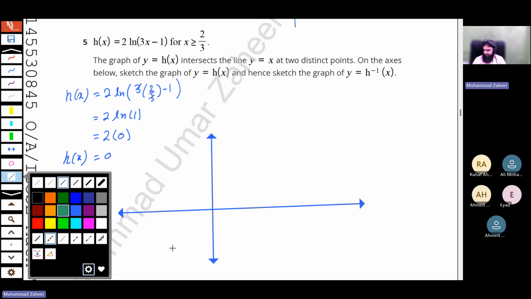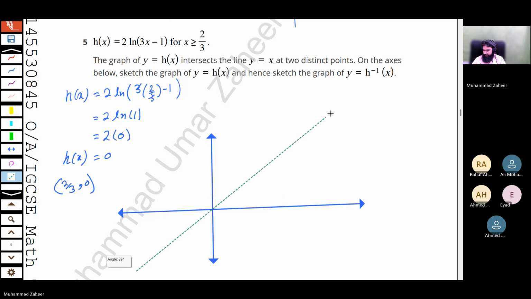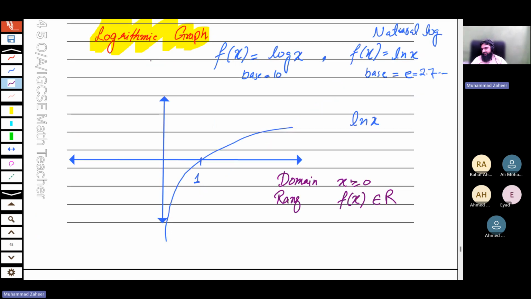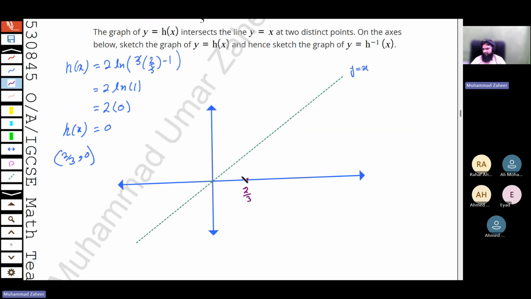It is going to be like this. And we know that the inverse function is basically just a reflection through the line y equals x. Now this graph is going to start from 2 over 3 comma 0, and the shape of the graph is this one. This is the graph of h of x.